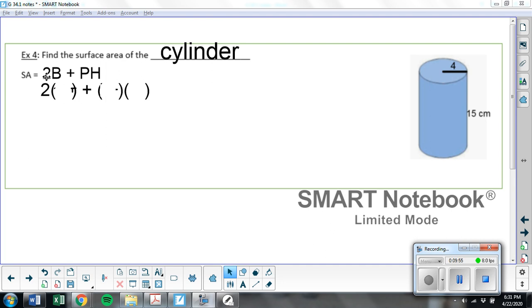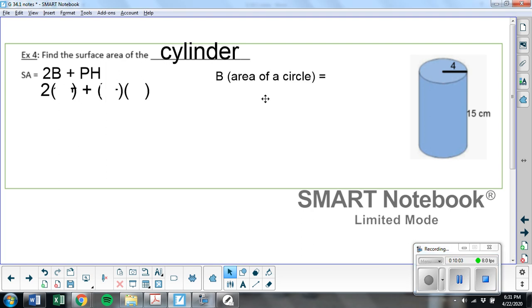Alright, so you should have the formula written and you should have some blanks. Let's go ahead and work on these blanks. Capital B, area of the base. So I put capital B, area of a circle. That's my base. Now, what's the formula for area of a circle again? That's pi r squared. Okay, so what do we have there?